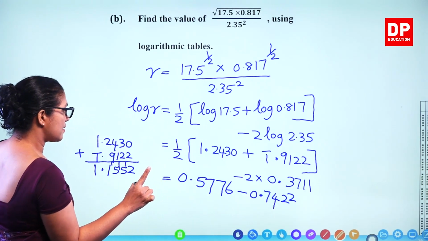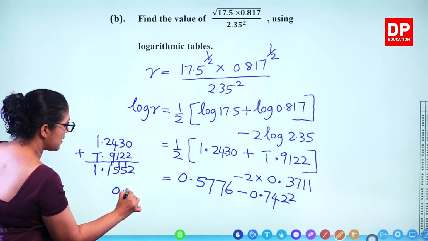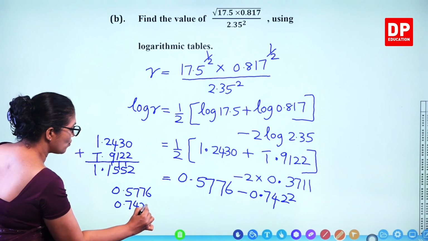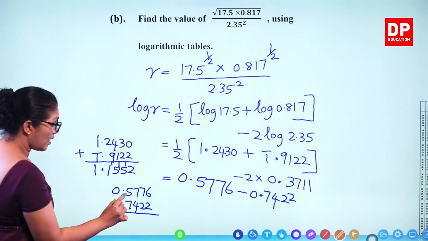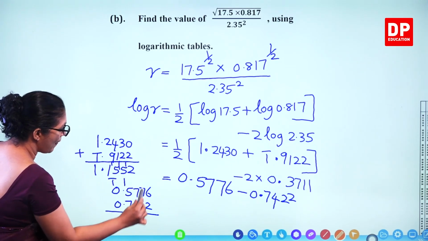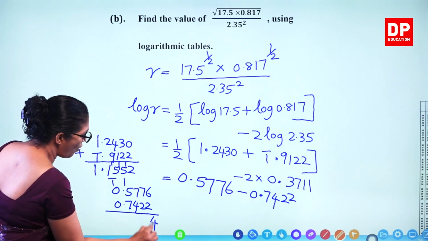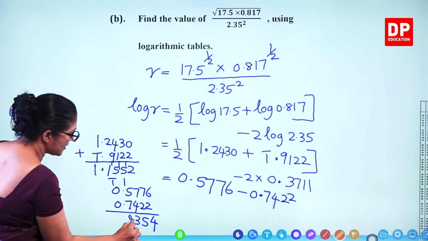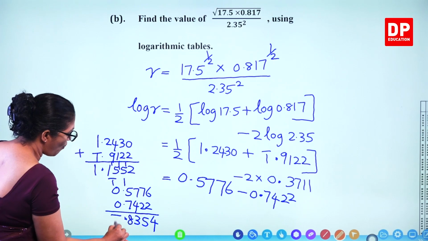Now we can subtract. 0.5776, 0.7422. You can't subtract this value, so you have to take 1 and bar 1. So here 4, 5, 3, 15 minus 7, that's 8, and here bar 1.